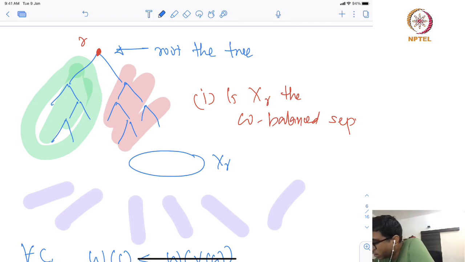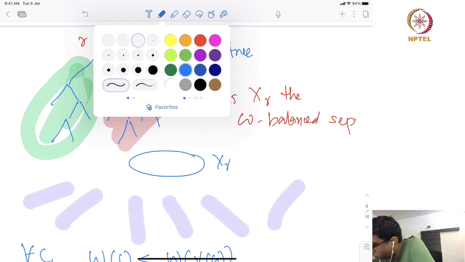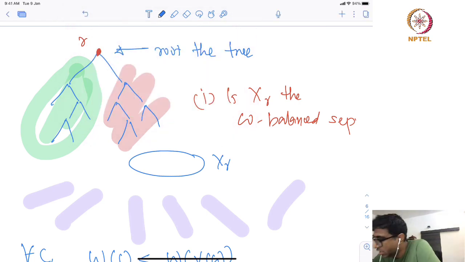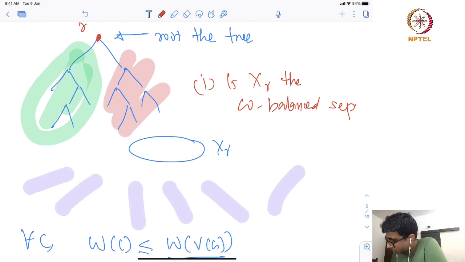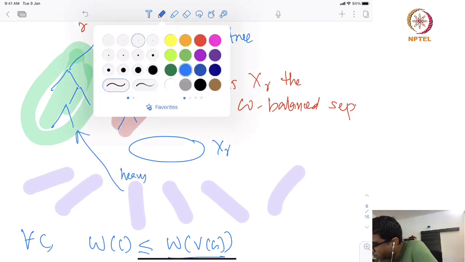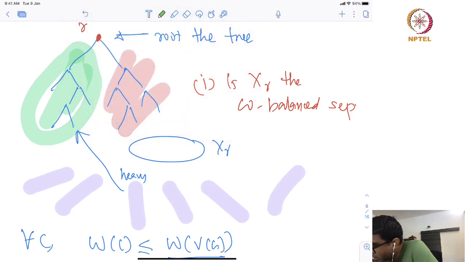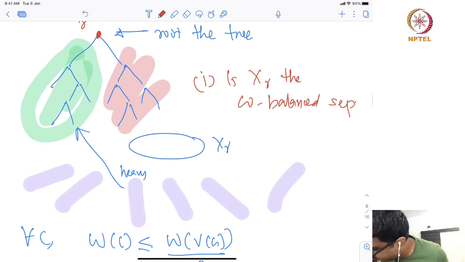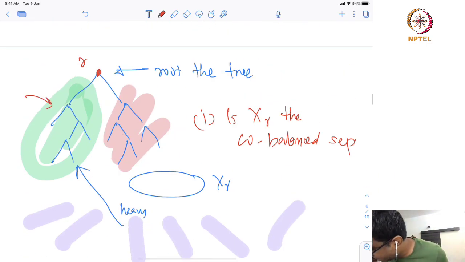Fine. If this was the weighted balanced separator, we have found it. Else, you move your token to, suppose this is heavy, suppose the heavy component belongs to this side. Then I will focus on that part of the rooted tree, and move the token here.